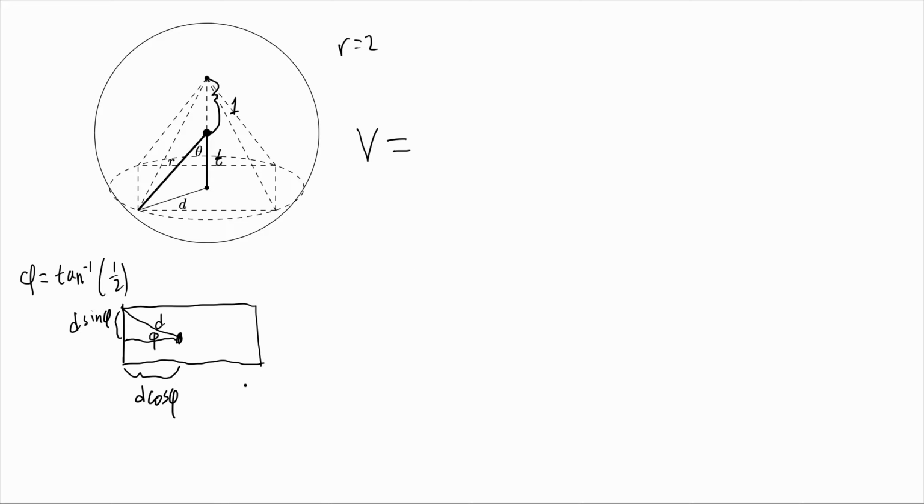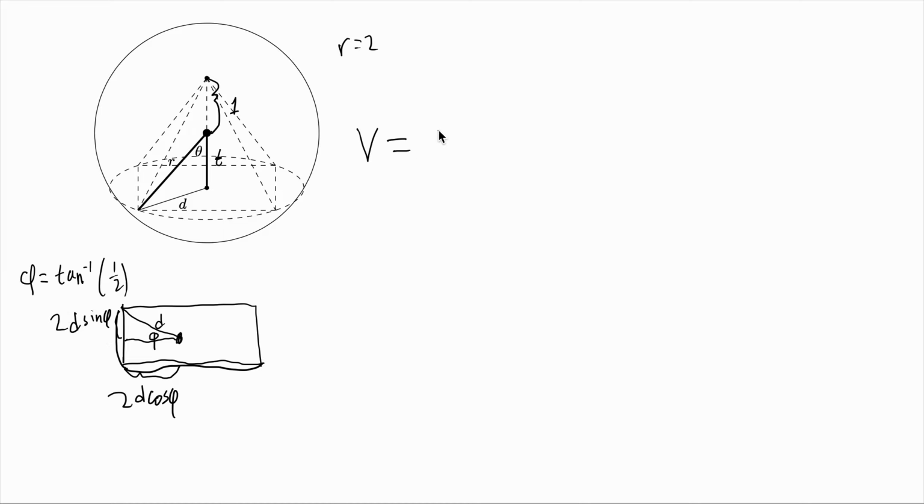Using that idea, we get that the area of the base is simply, let's see, if we extend this down, that's 2. Extend this all the way across, that's 2. The area of the base is just this times this.